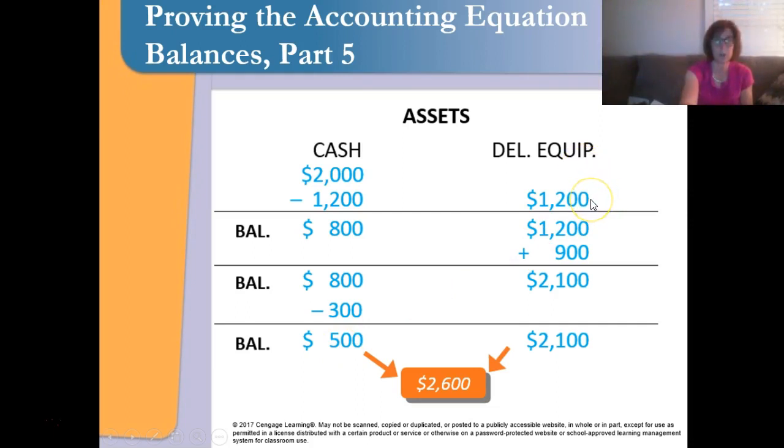First, we purchased $1,200 worth, and then another $900 worth, so we have a total of $2,100 in equipment. If we add together the cash we have left to the equipment we purchased, that gives us $2,600 in total assets for our company.